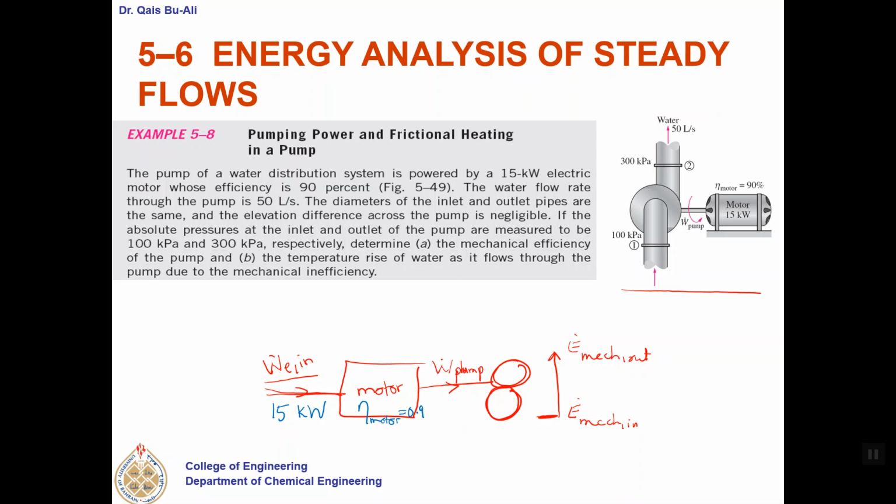The water flow rate through the pump is 50 liters per second. So I will write it here, m dot is equal to 50 liters per second. The diameters of the inlet and the outlet pipes are the same. So the water is going from here to here, and here D1, and here D2, and D1 is equal to D2, which means A1 is equal to A2.